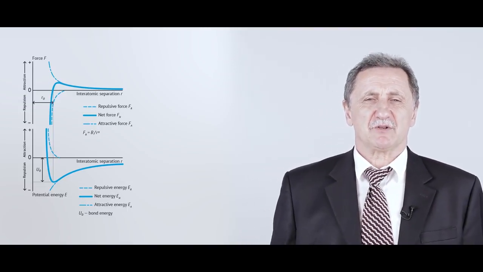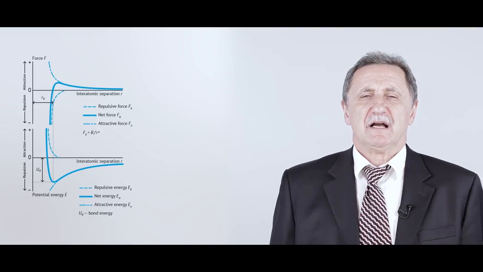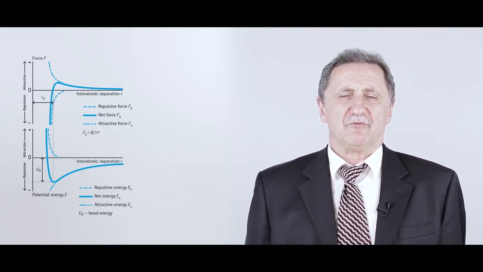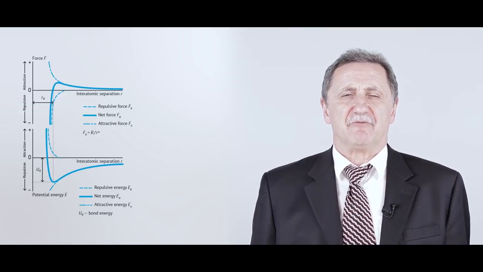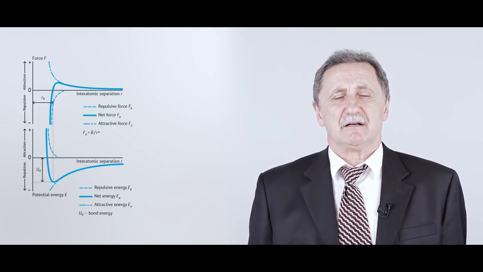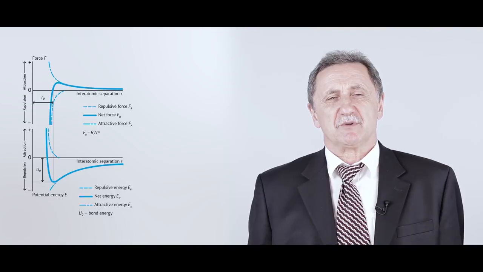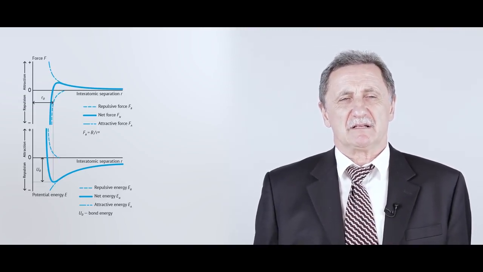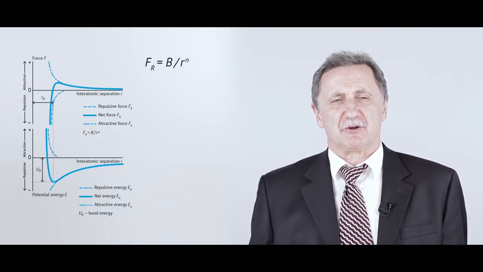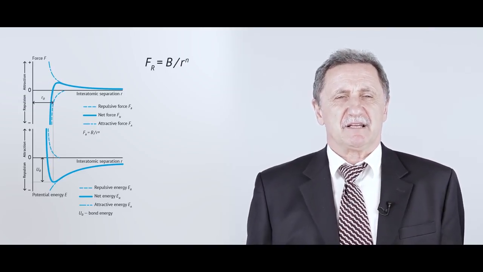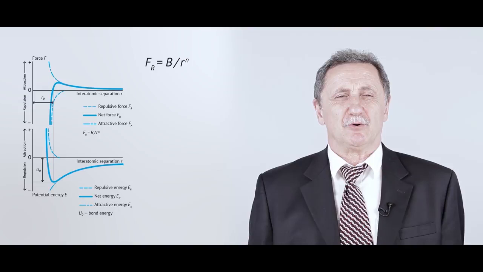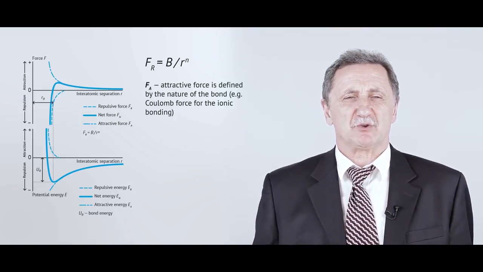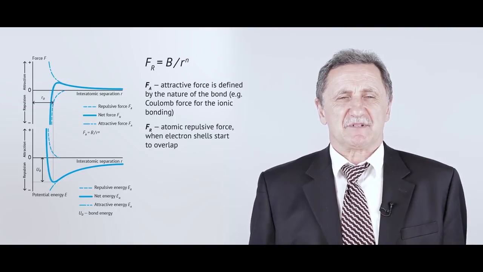However, because we have the Coulomb force, the attracting force is inversely proportional to the square of the distance between the two atoms. When we start to decrease the distance, this attracting force starts to play its role, and if there is no other force, at some point these two ions should collapse.